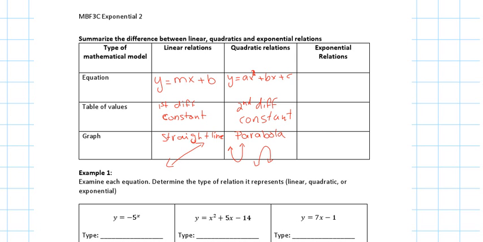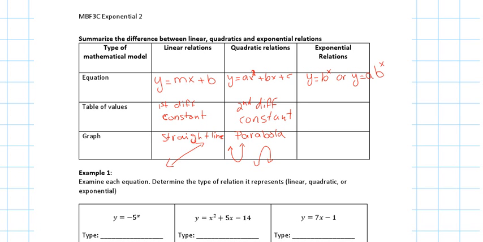With an exponential relation, your equation is going to look like this, where you have y equals a base, which is a number, to the power of x. Or you can also have it look like this, y equals a number times a base to the power of x. So an example for this would be like y equals 2 to the power of x.